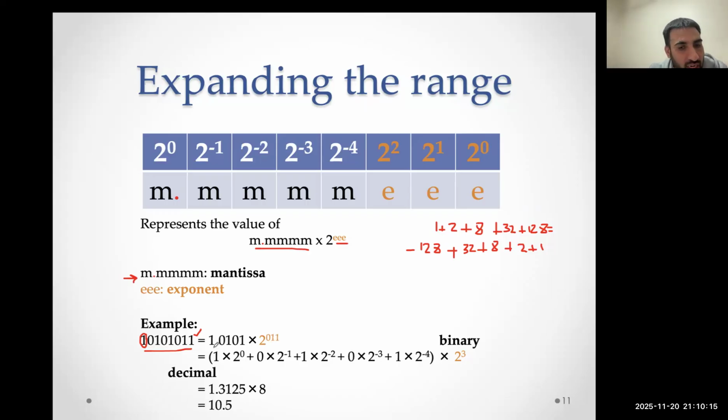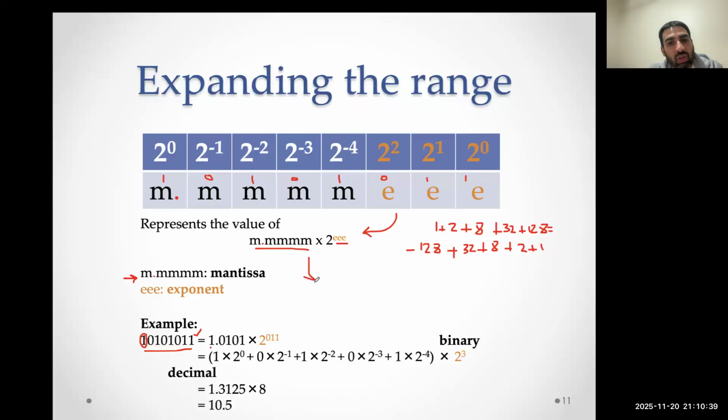So we are simply writing the values here. The first bit is 1, the next bit is 0, I'm starting from the left side, next is 1, 0, 1, 0, 1, 1.